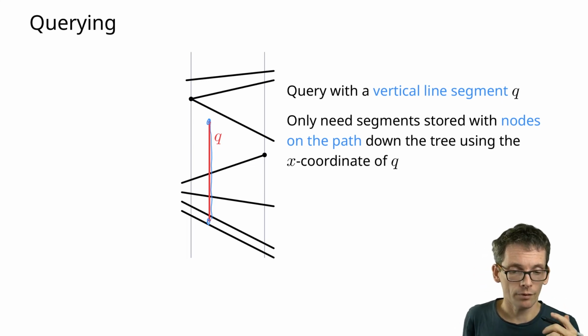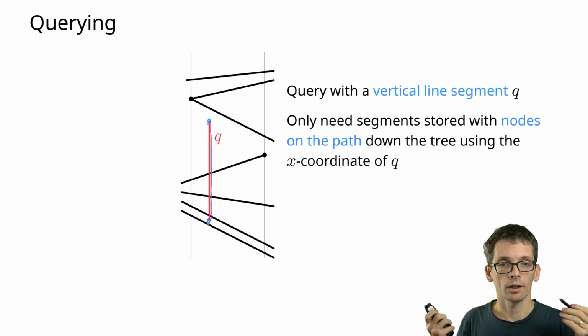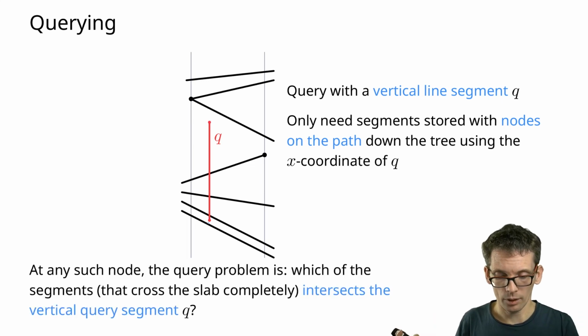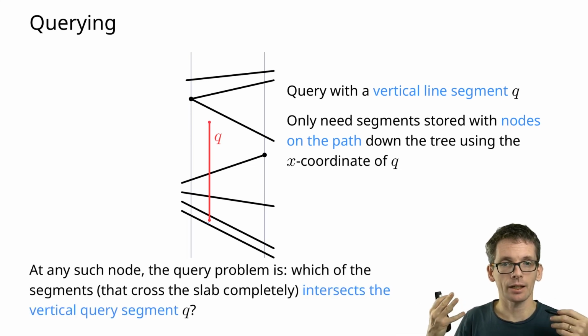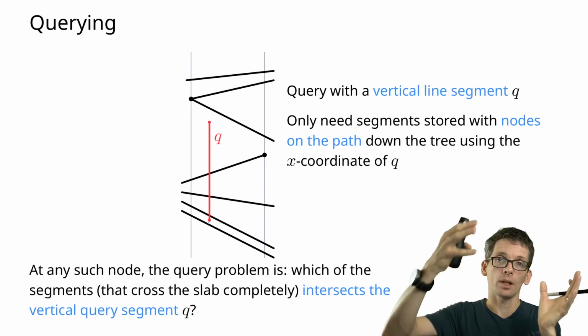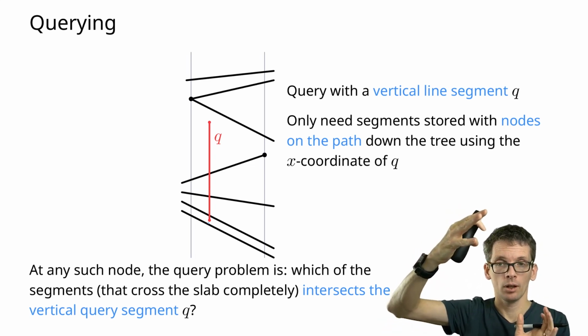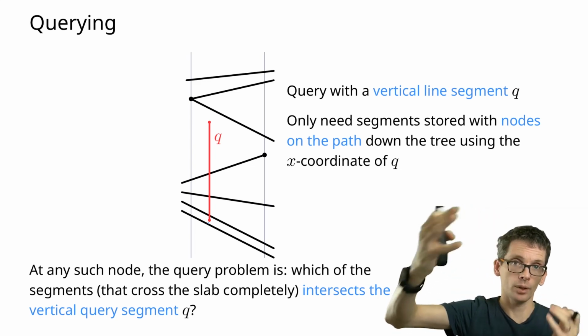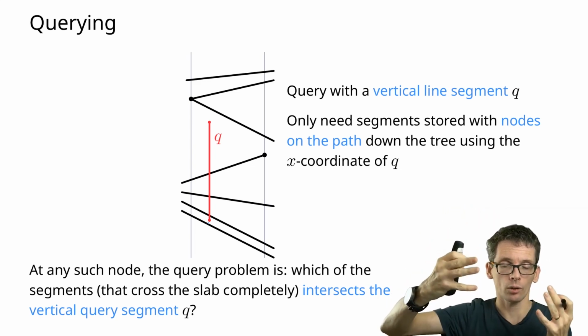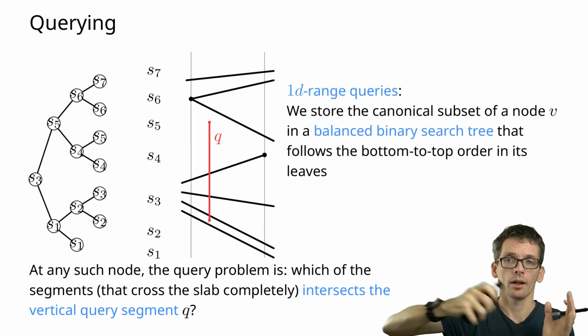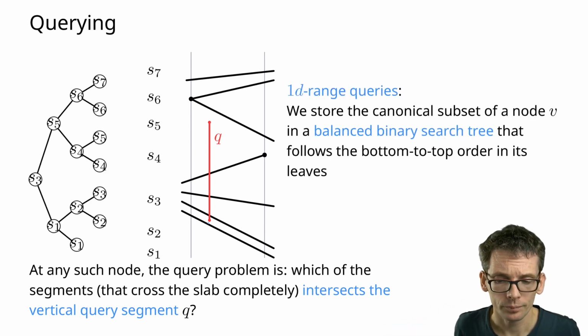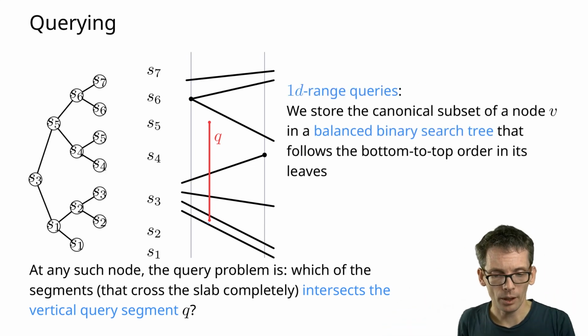Because I have a well-defined Y order, to find the segments that are intersected, what I can do is build on this slab, on the segments that completely cover the slab, or the canonical ones to be more precise, a binary search tree.